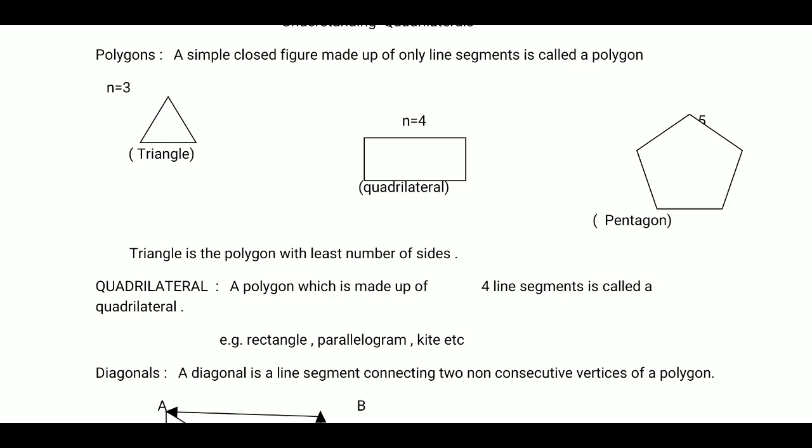Here triangle is the polygon with the least number of sides. You may be asked a question: how many sides can we take at least to make a polygon? That means we have to take at least 3 line segments.